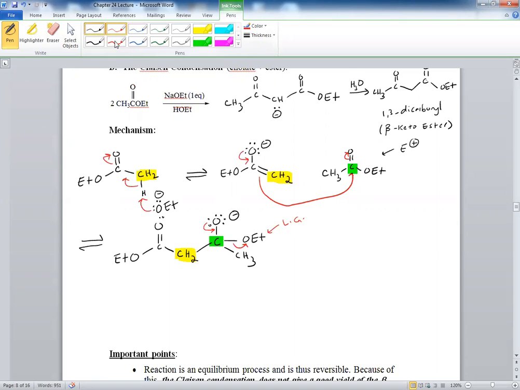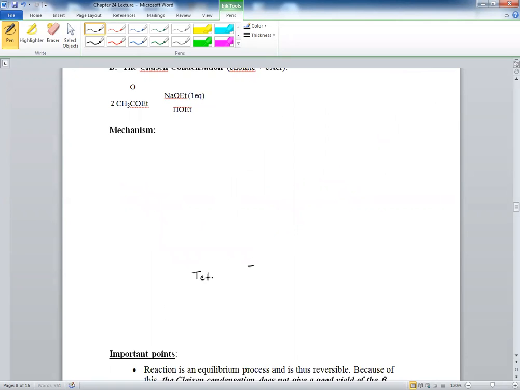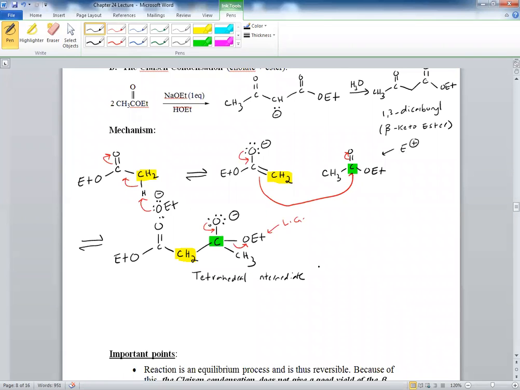The ethoxy group leaves. So this is the tetrahedral intermediate, where OEt is a leaving group.